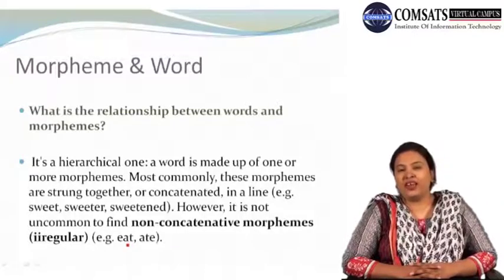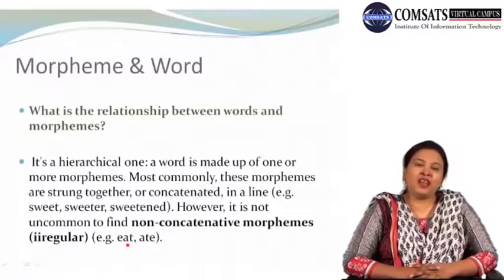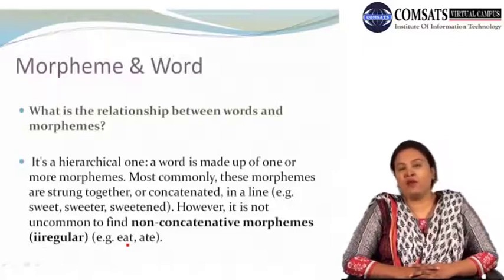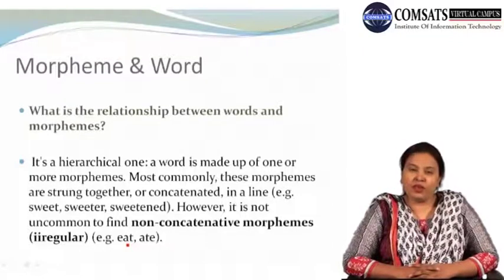So one word, greedy, contains two morphemes, greed and e. Similarly, a word can have one or more than one morpheme. There is a hierarchical relationship between words and morphemes.